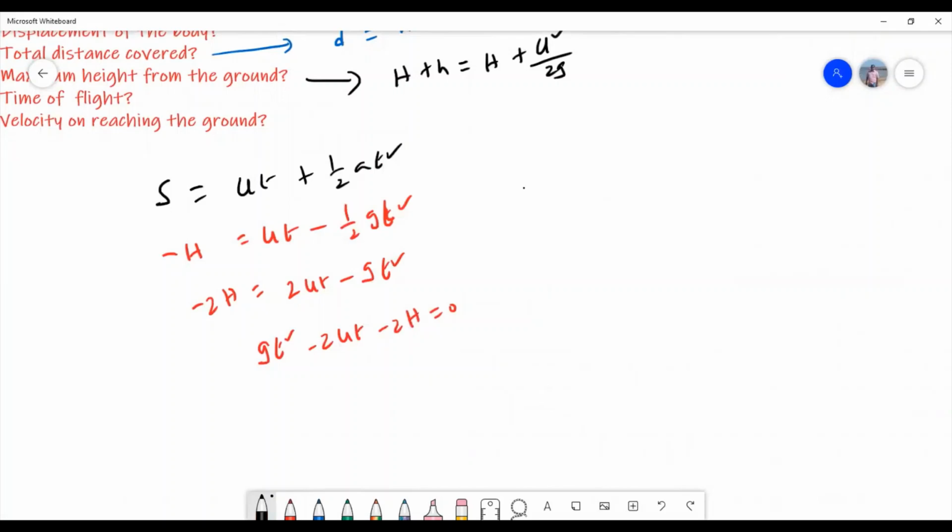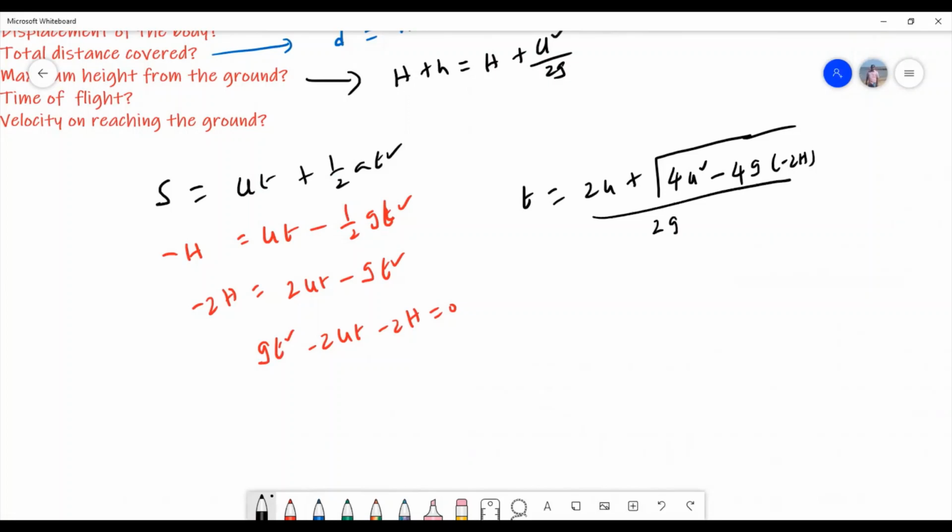So t is equal to minus b, that is 2u, plus root over b square, 4u square, minus 4ac, where a is g and c is minus 2h, whole upon 2a, that is 2 into g. So t is equal to 2u plus, we take only the positive value, I'll tell you later why. If I take 4 common, it becomes u square plus 2gh whole upon 2g.